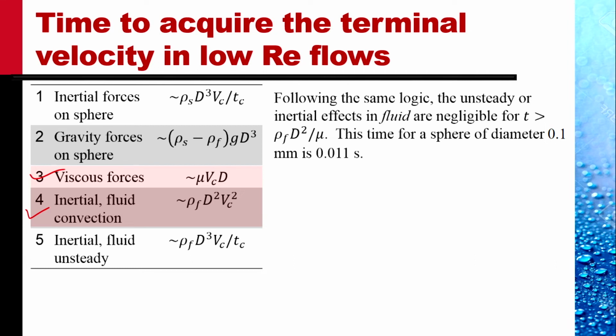This time for a sphere of diameter 0.1 millimeter is 0.011 second for water. Rho f, we have to choose the fluid. So we choose this as water, and this comes out to be 0.011 second. The earlier time was 0.028 seconds.